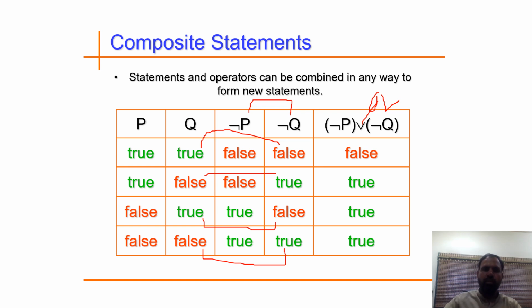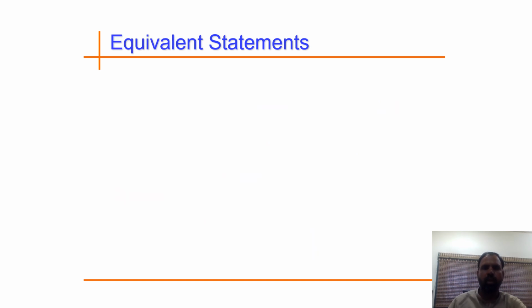If one is true and the other is false, then the result will be true. If both are true, there is no problem, the resulting value will be true. So in OR, we only need to find one true value. If we find one true value, then the result will be true.